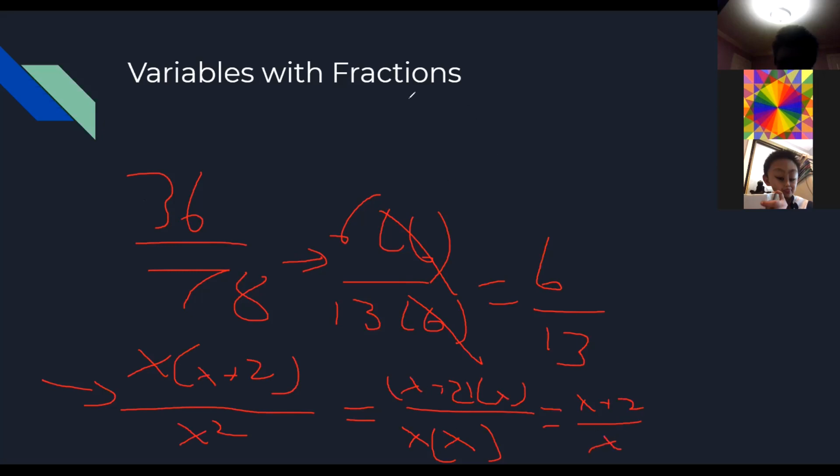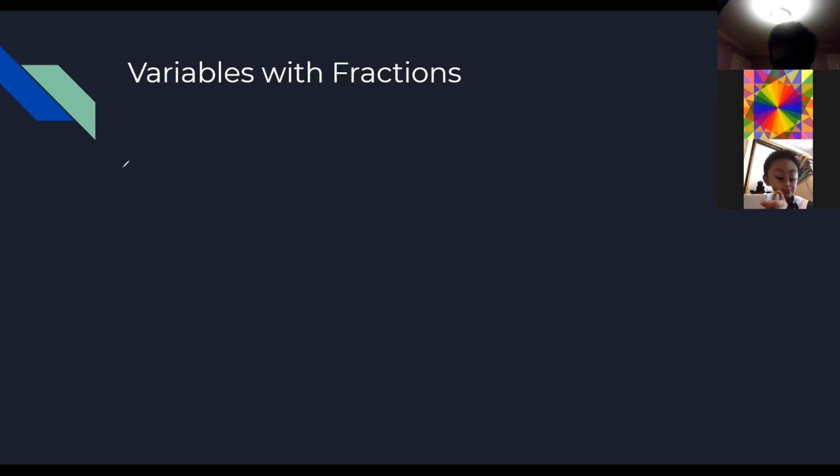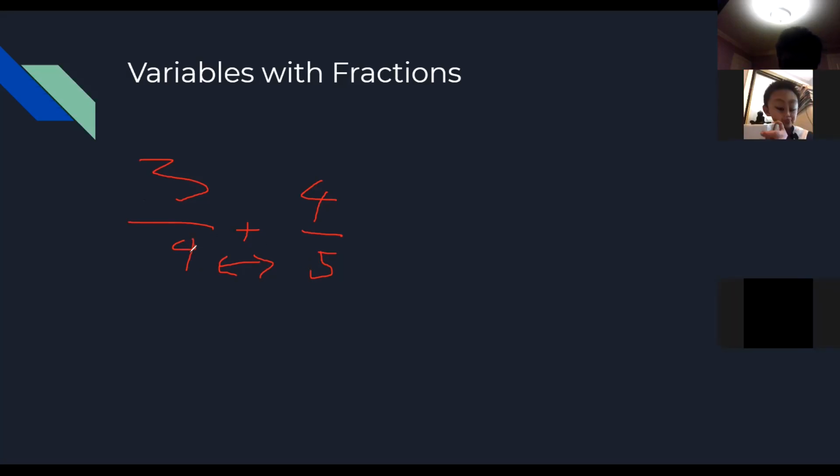Similarly, if we had fractions added together, say 3/4 plus 4/5, we would need to find the lowest common multiple of these two denominators, which is the lowest number such that you can multiply each denominator by an integer in order to get said lowest common multiple, which in this case is 20.